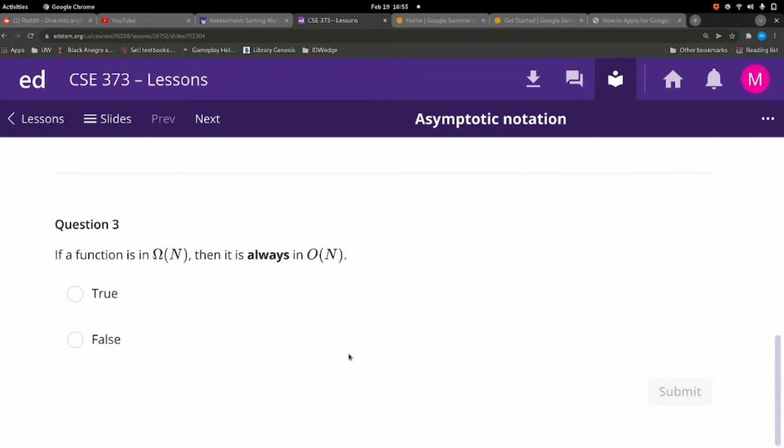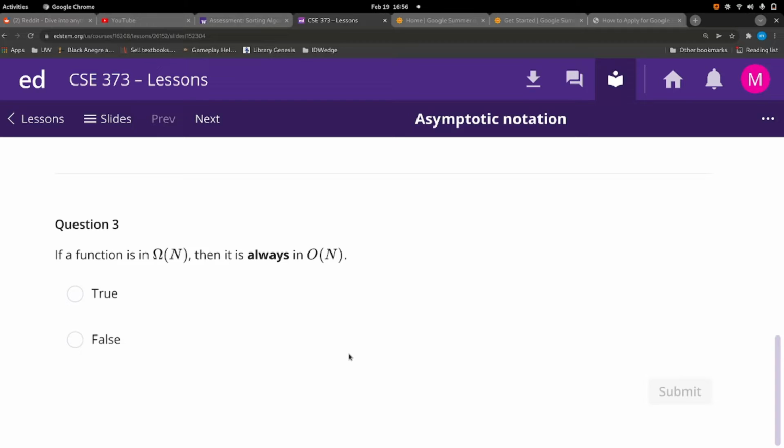And then, if a function is greater than the smallest linear function, then it is always less than the largest linear function. In this case, it would be false because what omega of n is saying is that the runtime can be anything that is greater than linear.